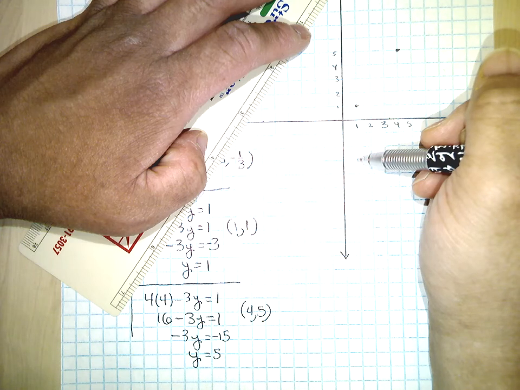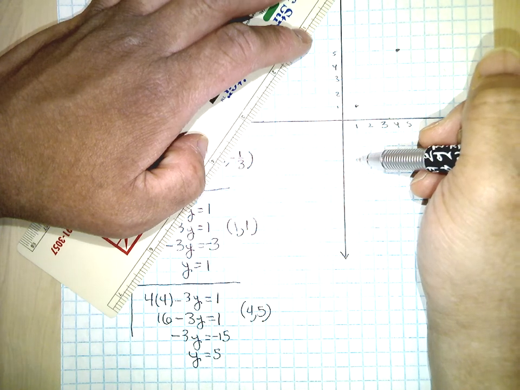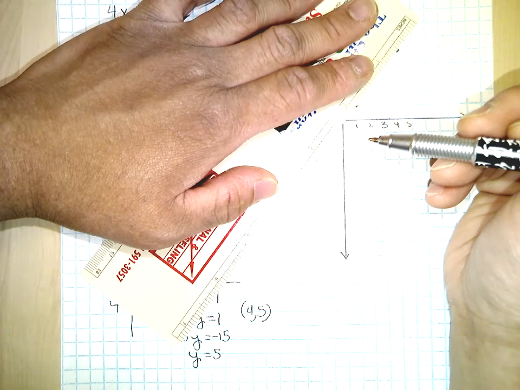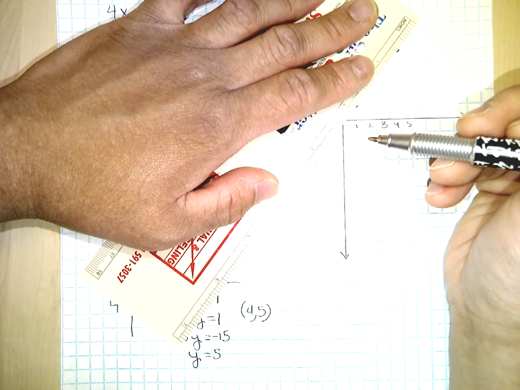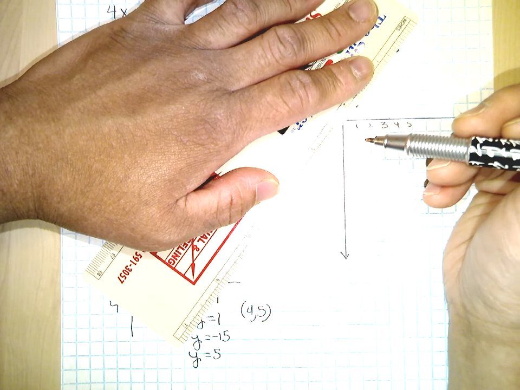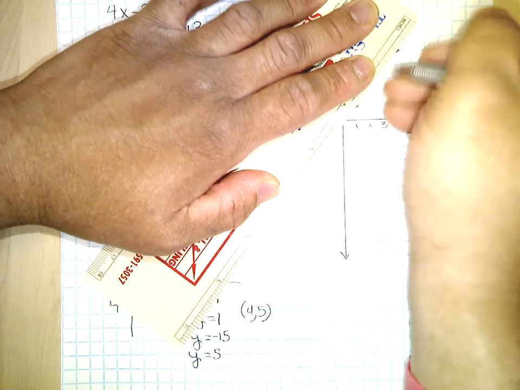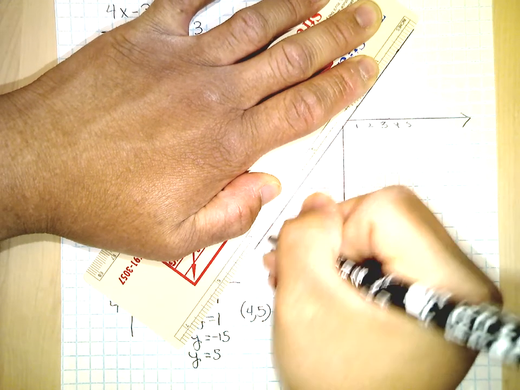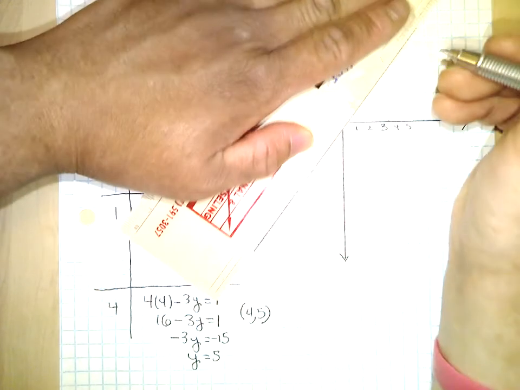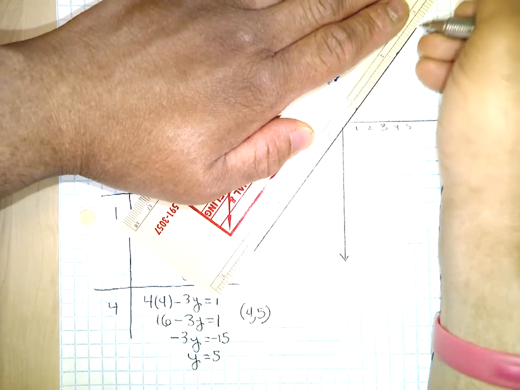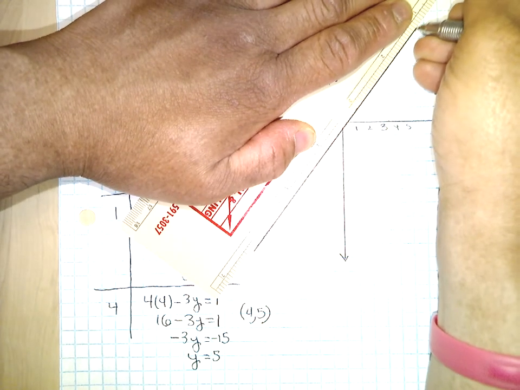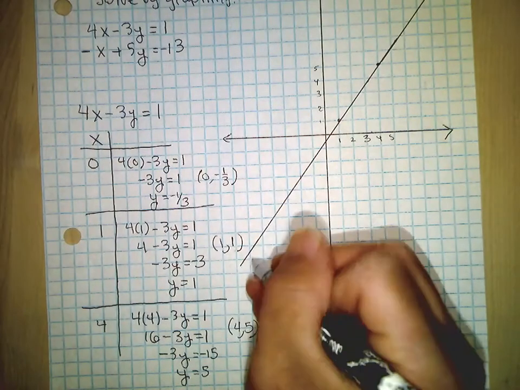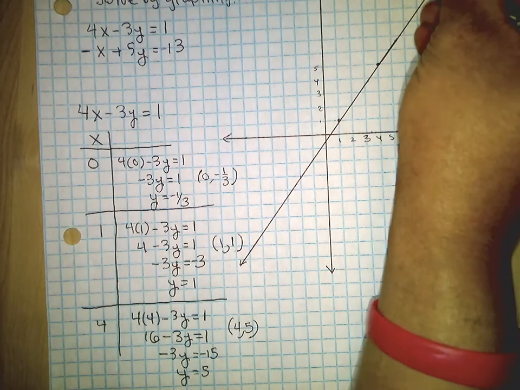I just want to make sure that I line these up and I don't make any mistakes here. So here is the line as accurately as I can given the graph paper that I have here.